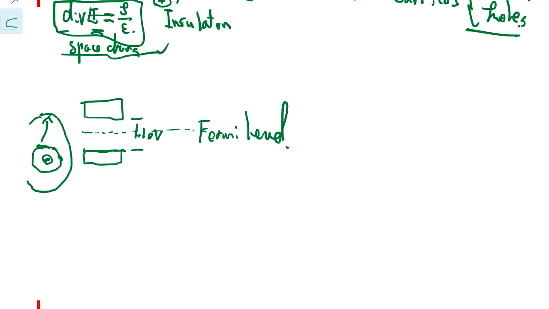Okay, and say this potential is measured from the nucleus outward. This is the valence, the limit of valence. This is the free electron. You can freely move around from silicon atom to silicon atom, right?